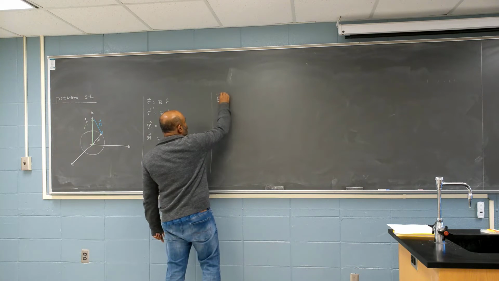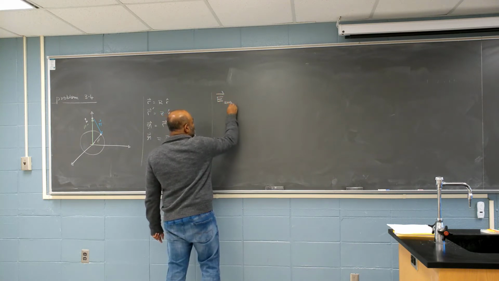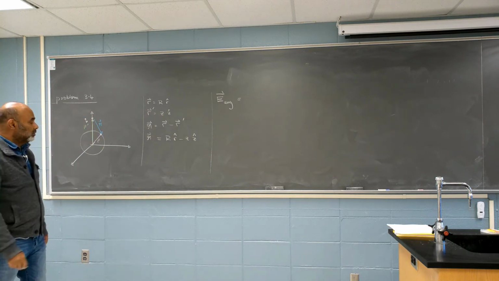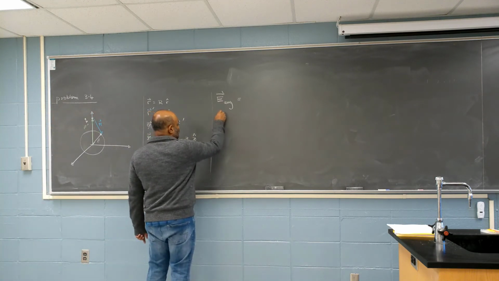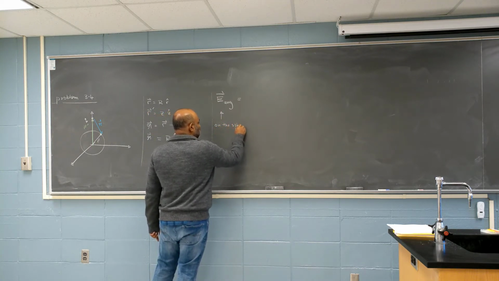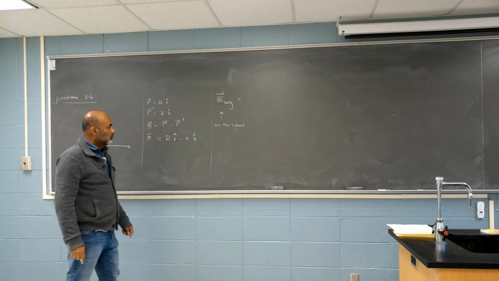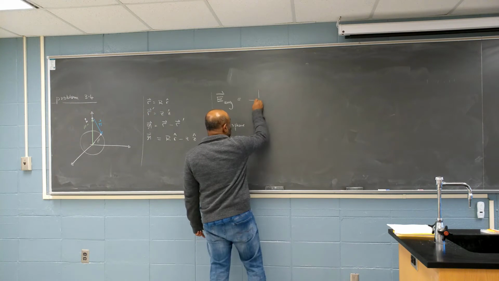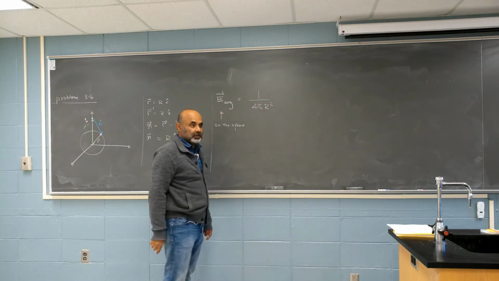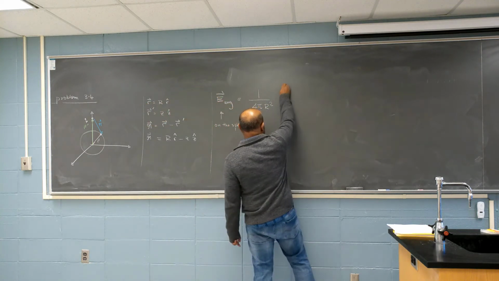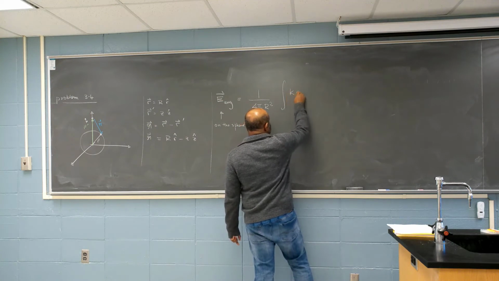E average on the sphere is, well, it's average. So first thing I do is 1 over 4 pi r squared, divided by the area of the sphere, times KQ.